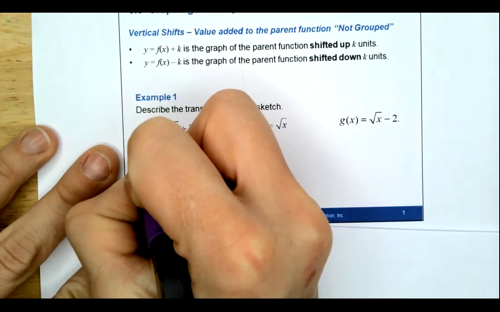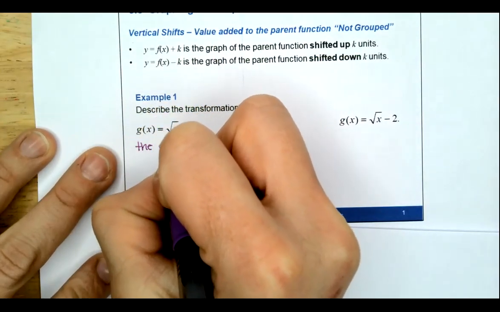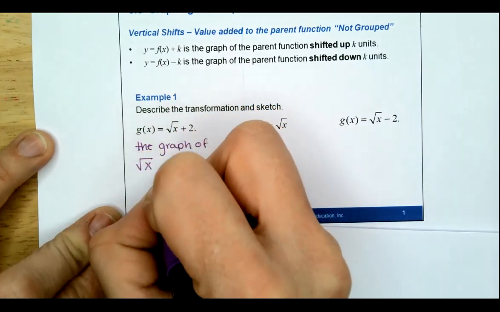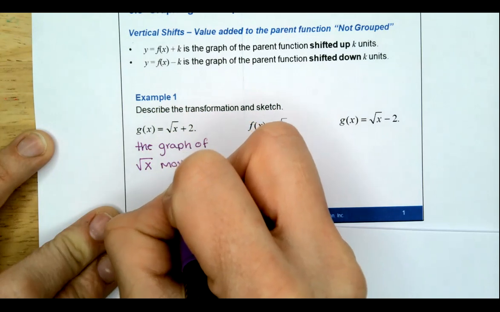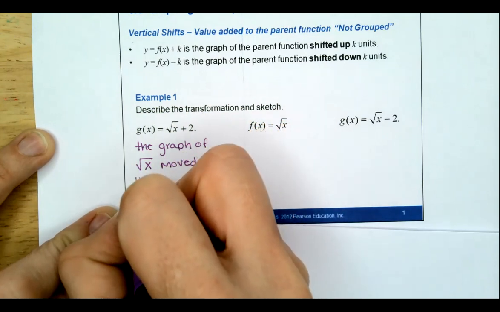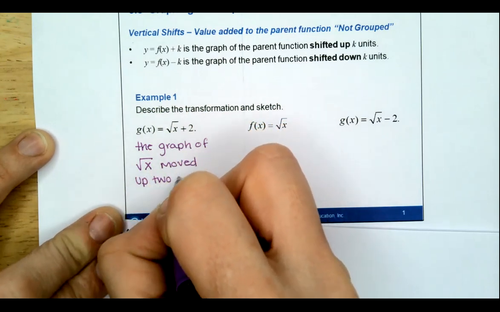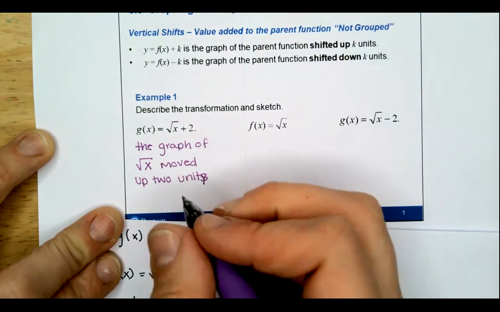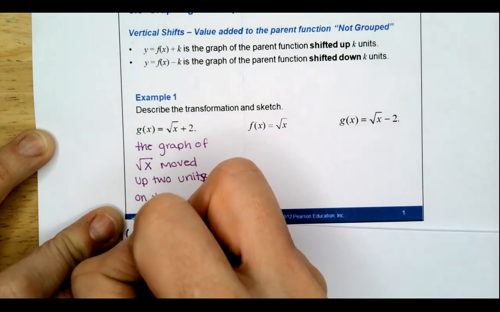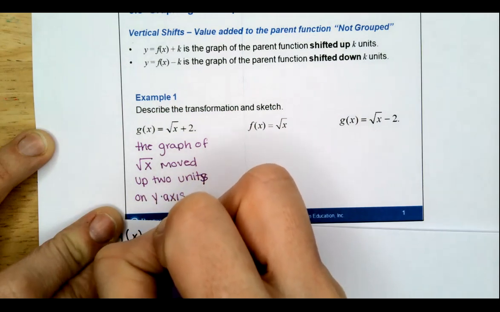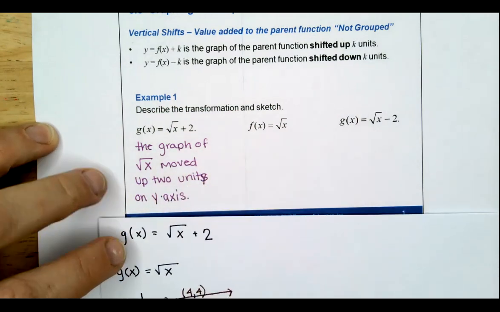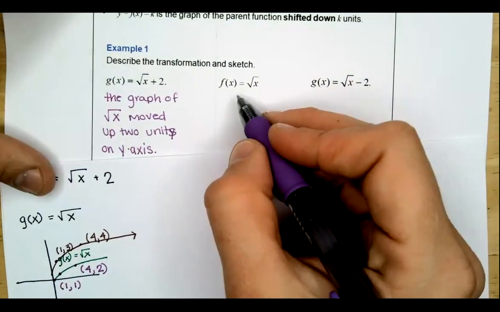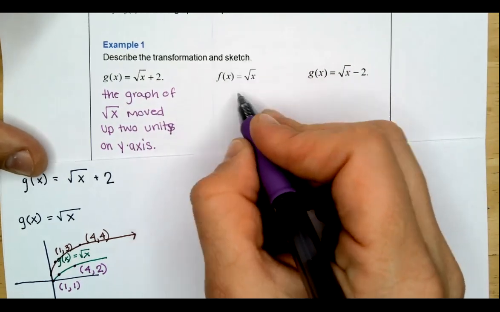The graph of the square root of x moved or was transformed up 2 units. Units on the y-axis. Good. All right. F of x equals the square root of x. Sorry, I guess I should have started in the middle. This is just the parent function.